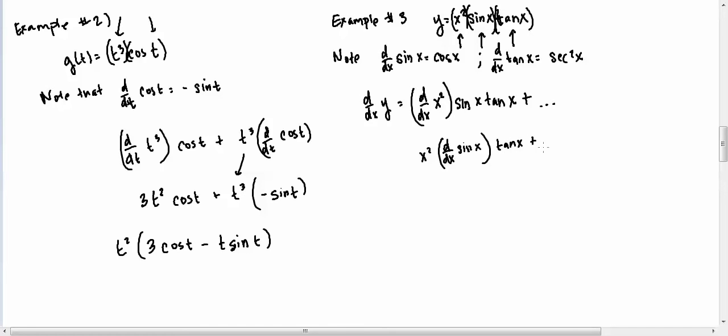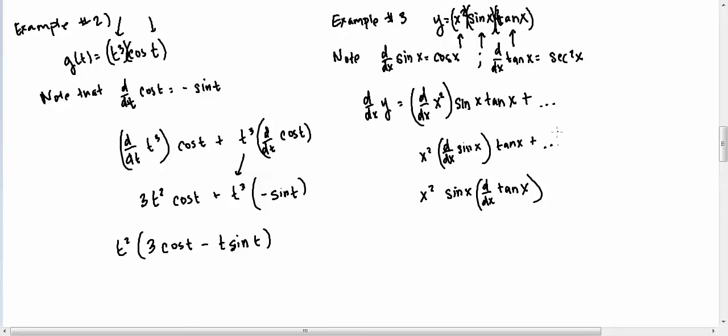I apologize for writing it in this way. I just feel like you might be able to understand it better when you see what I'm doing here. All right, so I've got x squared sine of x times d dx of the tangent of x. All right, there, I'm done.